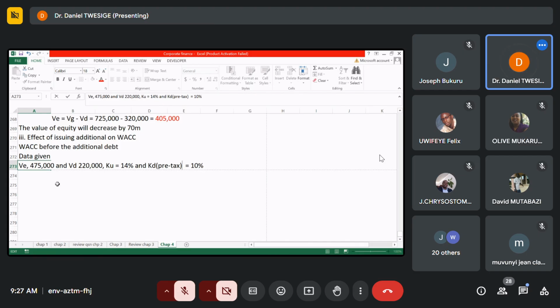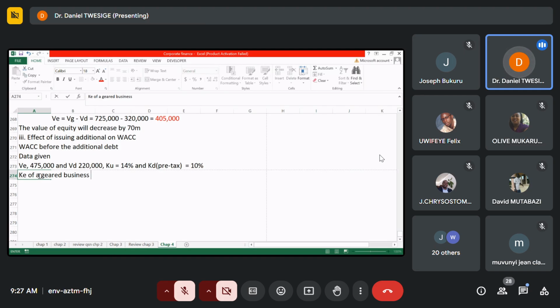Now, if you are attempting this again, we have a KU, we have a KD which is pre-tax. Automatically here, you need the KE, the cost of equity of a geared business.